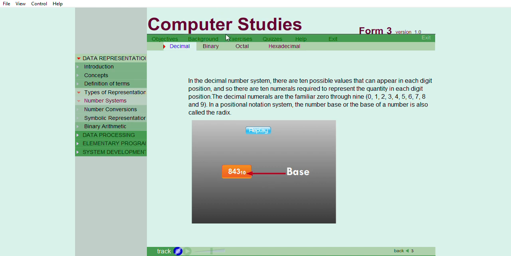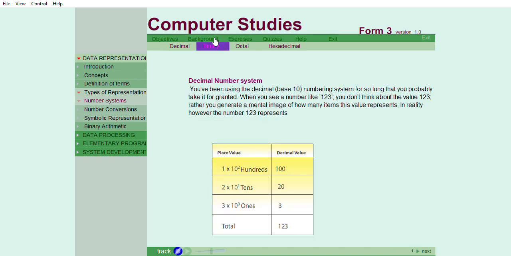The decimal numerals are the familiar 0 through 9. That is 0, 1, 2, 3, 4, 5, 6, 7, 8, 9. In a positional notation system, the number base or the base of a number is also called the radix.